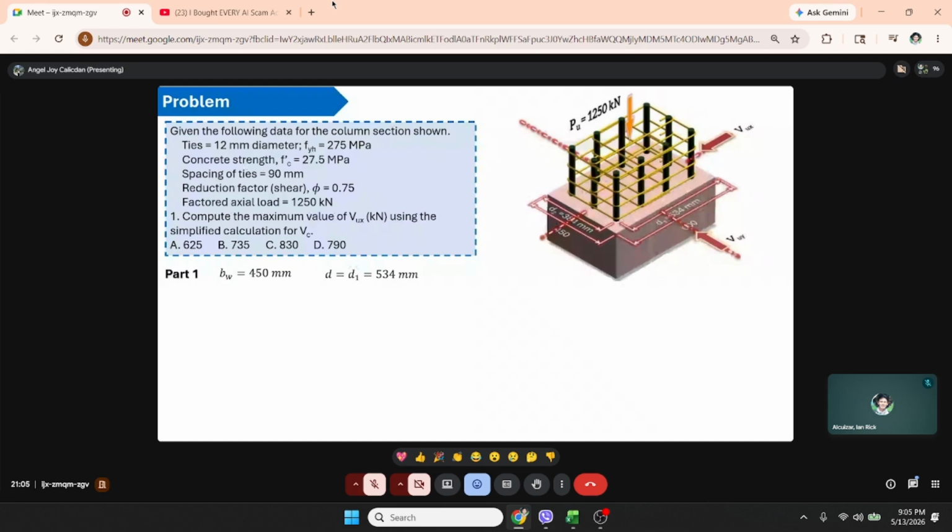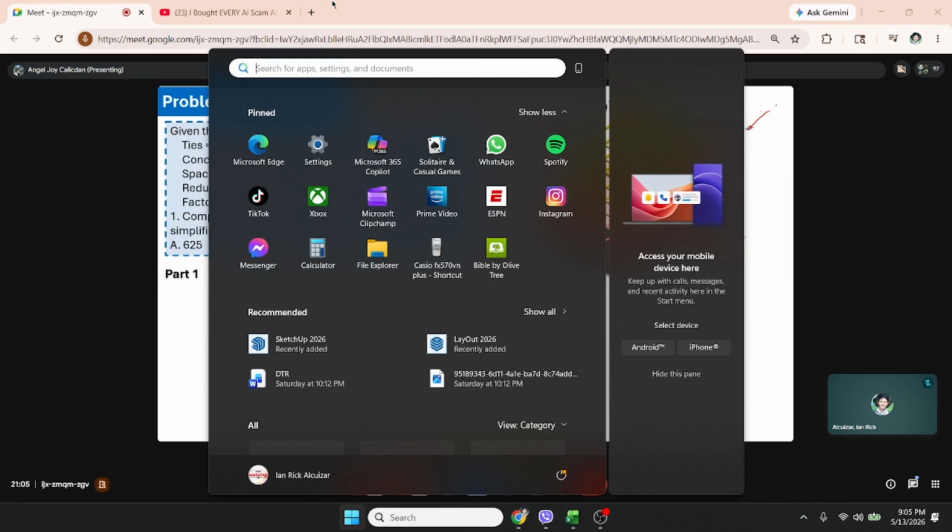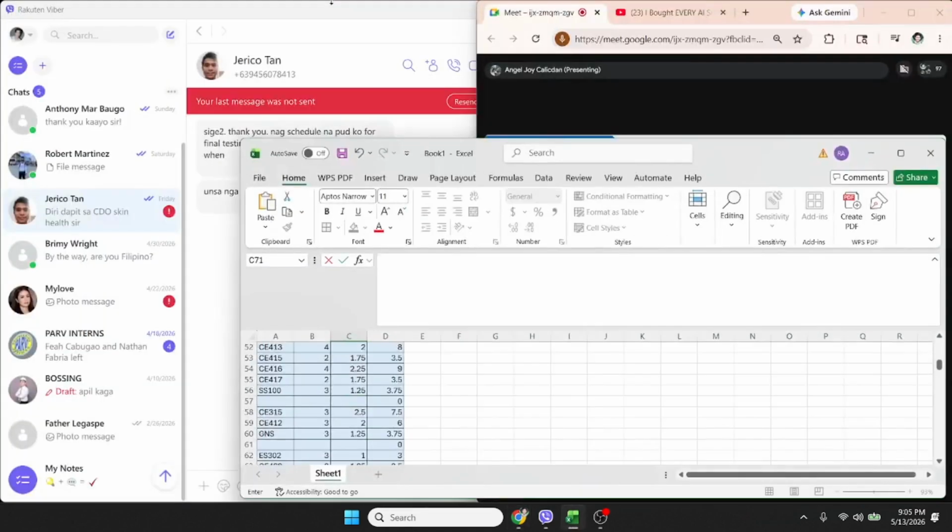And the effective depth we will use is the one parallel to the shear direction. So, first is Vux. The effective depth to use is the parallel dimension. Since this is Vux, its direction is along this, and the parallel effective depth is d1.